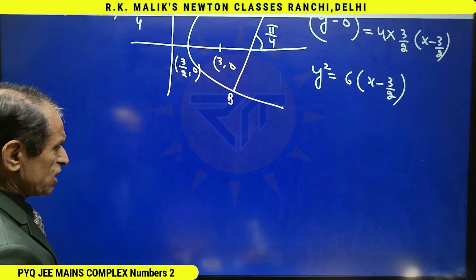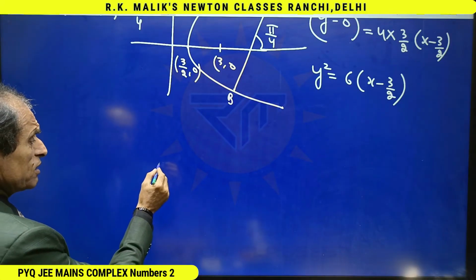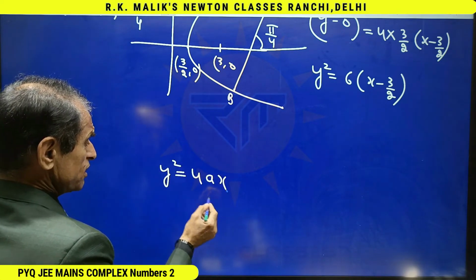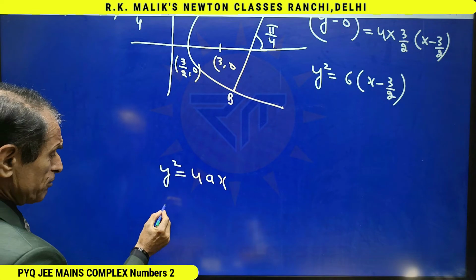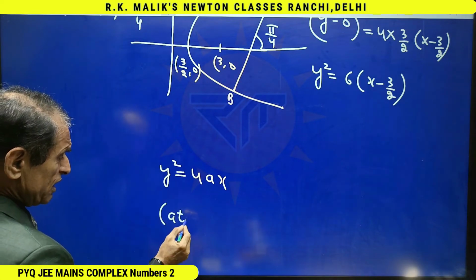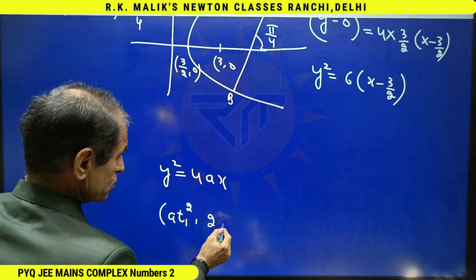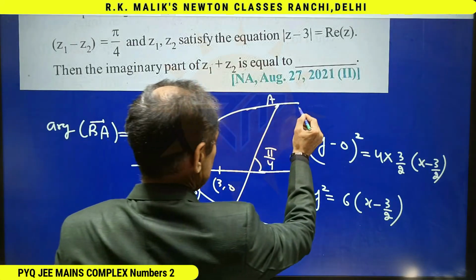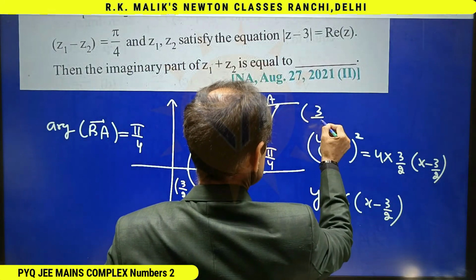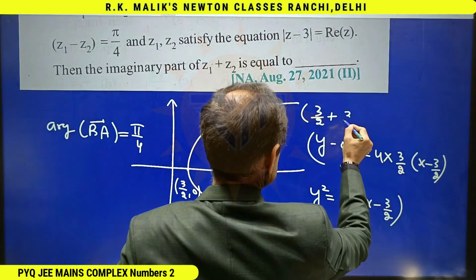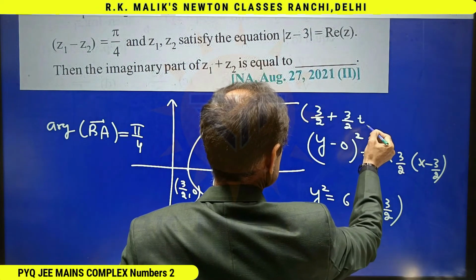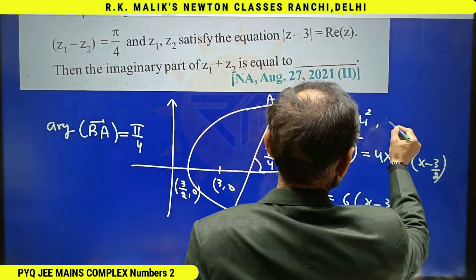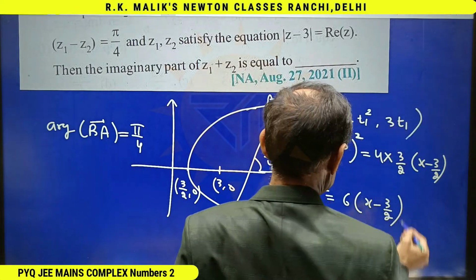And now, keeping in mind that for the parabola y square equal to 4ax, any point on the parabola can be taken as a t1 square comma 2a t1, the point A can be taken as 3/2 plus 3/2 t1 square and 3 t1.